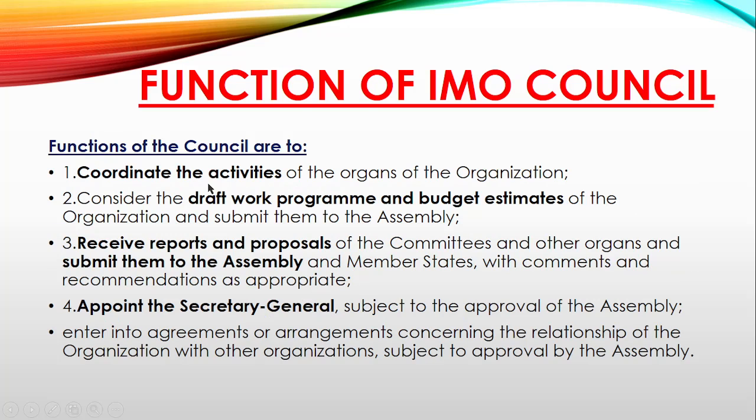It coordinates the activity of the organs, considers the draft program and budget estimate, and receives the reports and proposals and submits them to the assembly and member states. It appoints the Secretary General, but after the approval of the assembly. So in each term you will see that everything needs to be approved by the assembly.